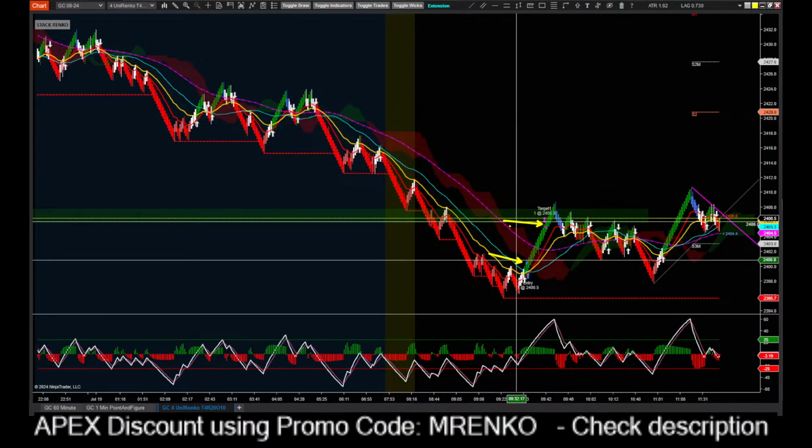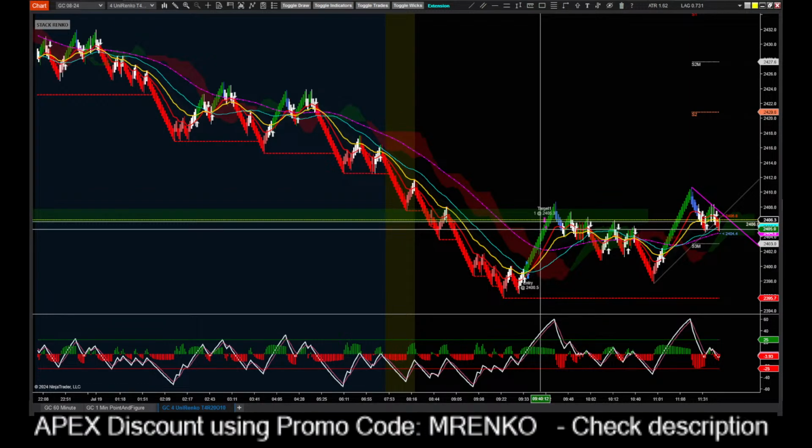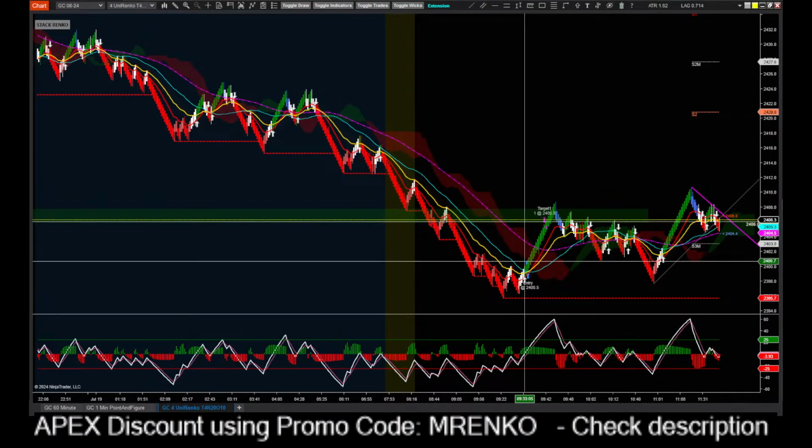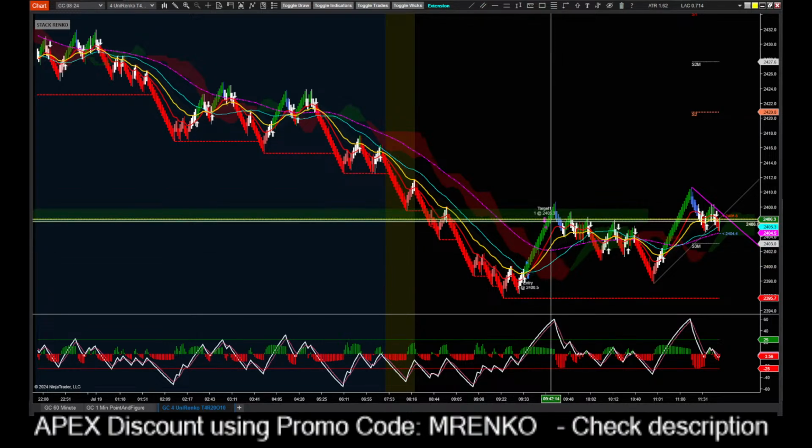So this is only one contract, and the market has been a little bit choppy, and now it's starting to fail a little bit. So it's one target, one contract, and one account is what I'm showing here.